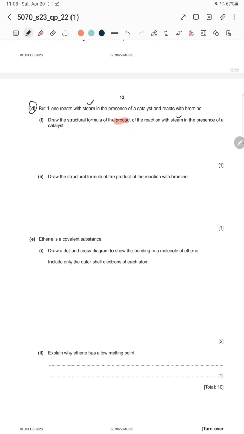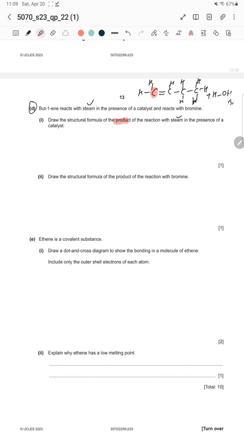So dear students, this is but-1-ene. Once it reacts with steam, what is steam? Steam is HOH, that is water in gaseous form. H will go towards the carbon that has more number of hydrogen atoms.